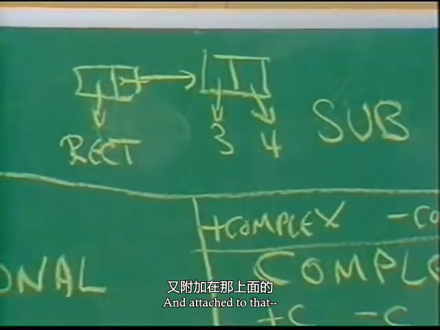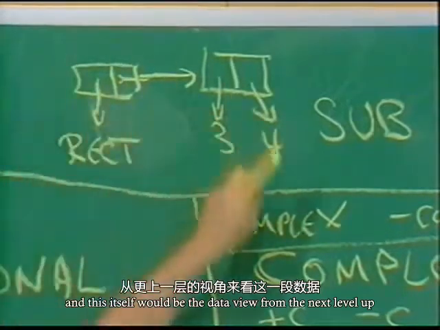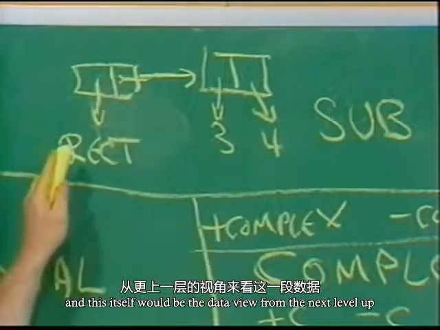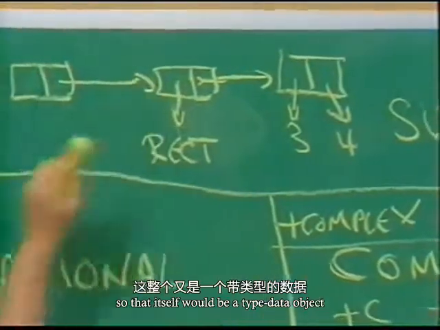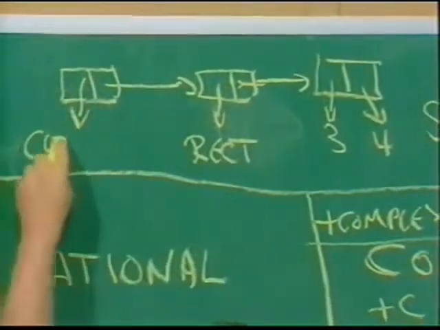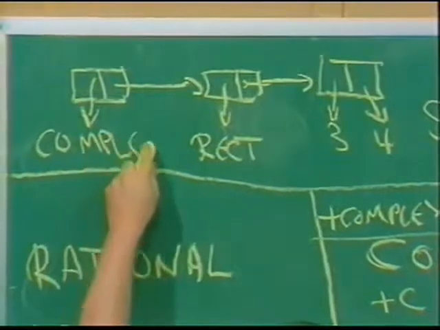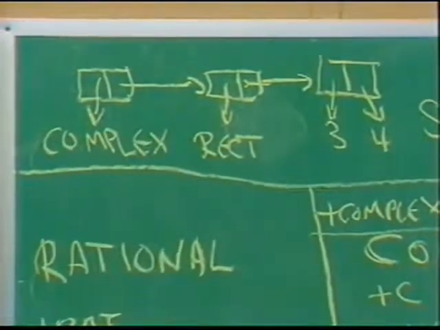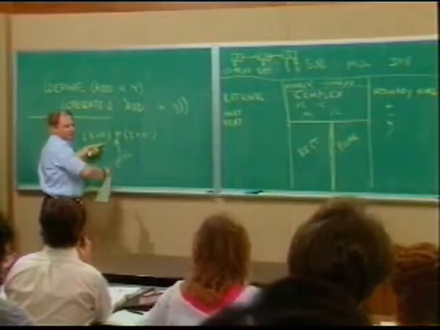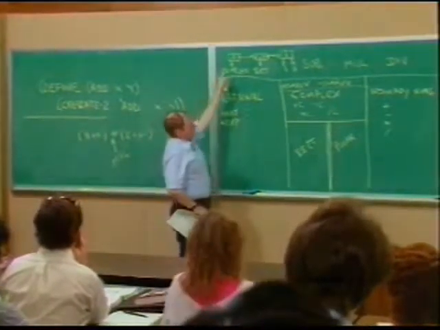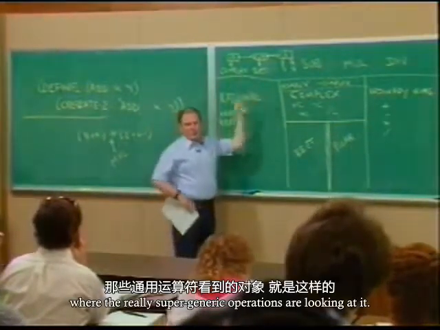And this itself would be the data viewed from the next level up, so that itself would be a type data object, which would say complex. So that's what this object would look like up here at the very highest level, where the really super generic operations are looking at it.